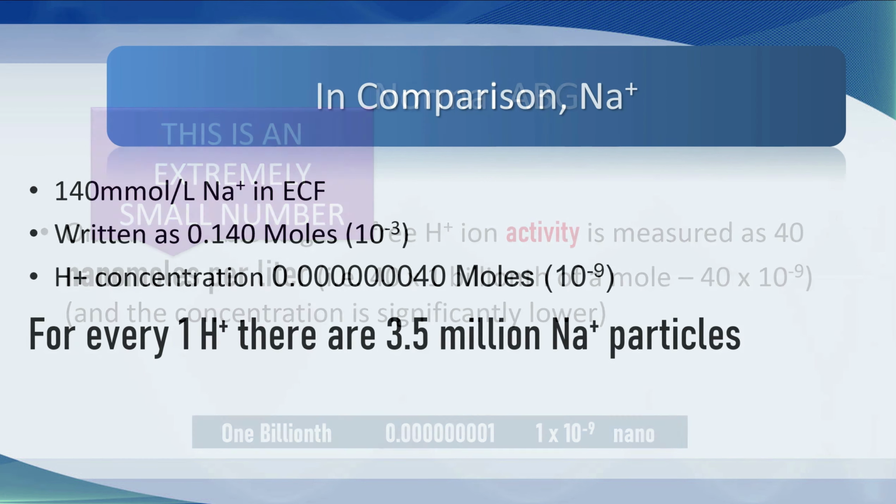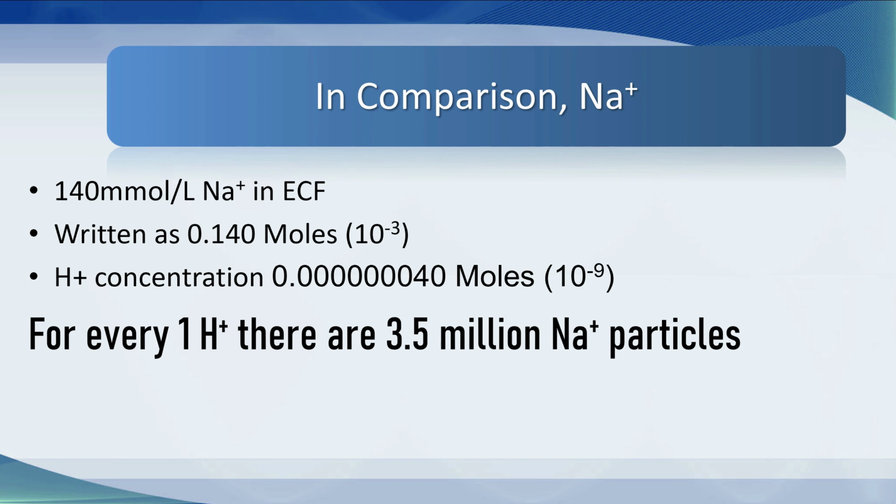In comparison with sodium, there are 140 millimoles of sodium per liter in extracellular fluid, which is 0.140 moles or 10 to the minus 3. Hydrogen ions have a concentration in the 10 to the minus 9 range. So for every 1 hydrogen ion, there are 3.5 million sodium particles.